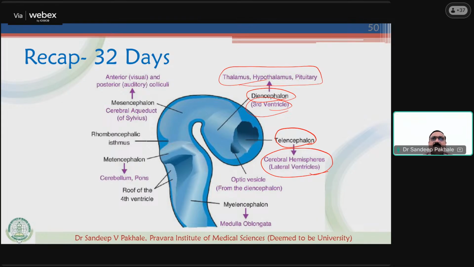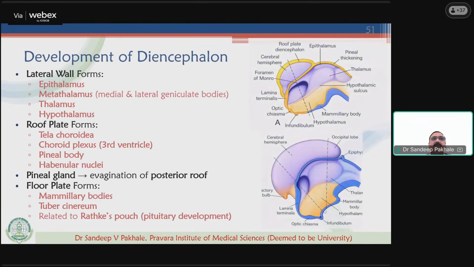The mesencephalon remains as the midbrain, and the rhombencephalon divides into pons, cerebellum, and medulla with a continuous ventricular system. So, from vesicles to adult brain, structures and cavities evolve together.